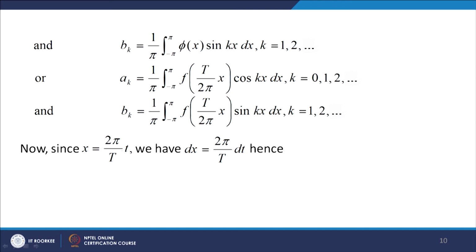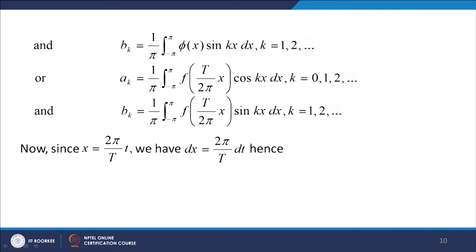Now, since x is equal to 2 pi over T, let us put the value of x as 2 pi over T into t, then this f becomes f(t). And in sin kx, t is equal to, x is equal to 2 pi over T into t.